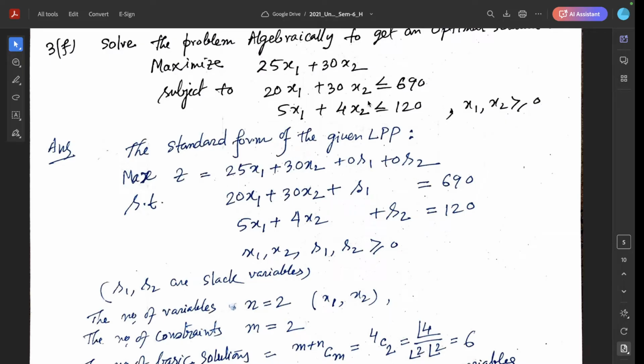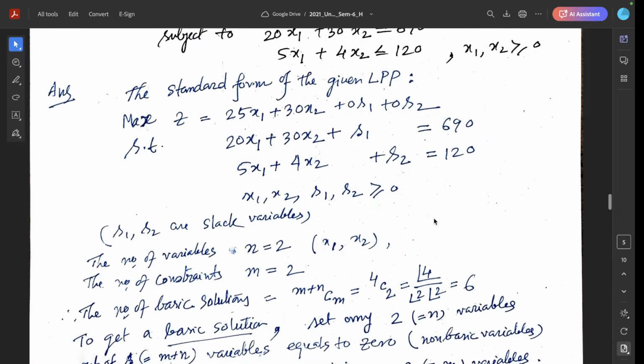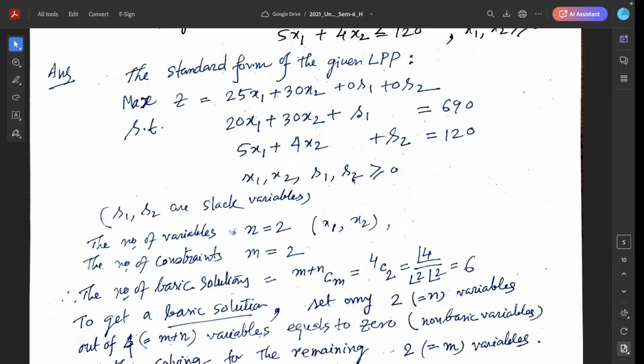Since the constraints are less than or equal to, we add the slack variable s1 to the first equation and s2 to the second equation to convert the inequalities into equations. And x1, x2, s1, s2 are all greater than or equal to 0.